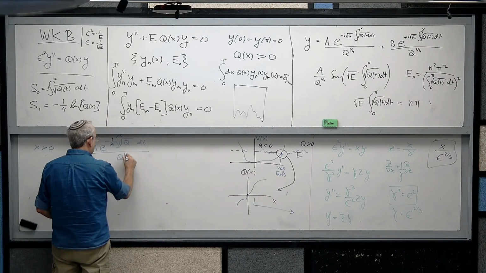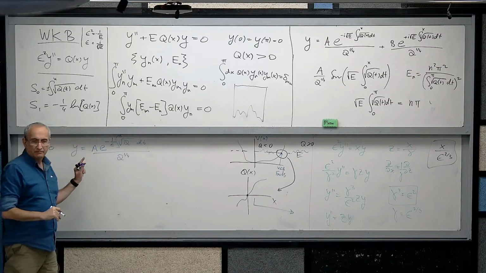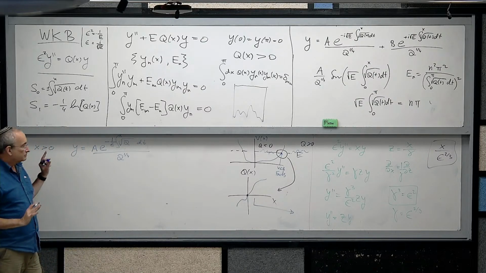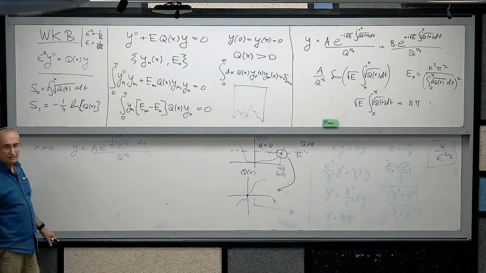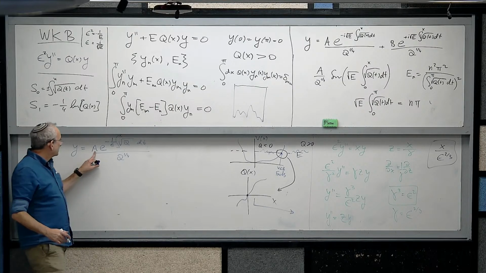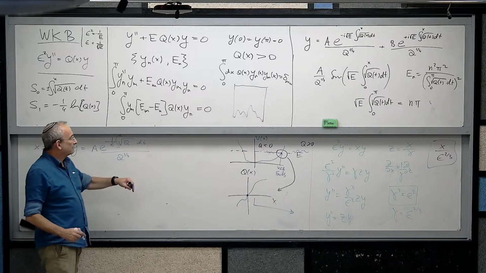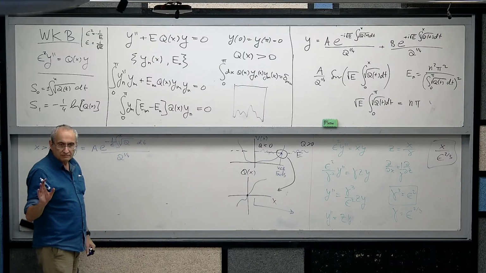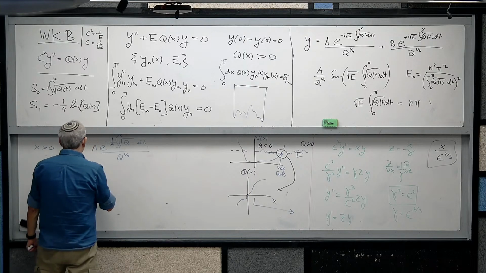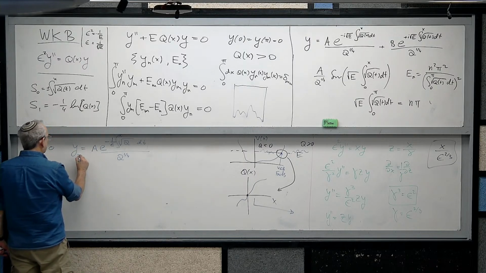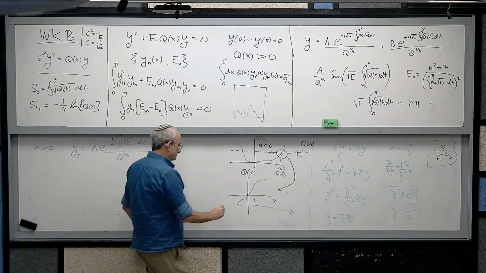And here it's q to the 1 quarter. That's fine. Why am I not taking the e to the plus? To satisfy the boundary condition. Yes, because this satisfies the boundary conditions at infinity. Good. Let's call it region number 1.